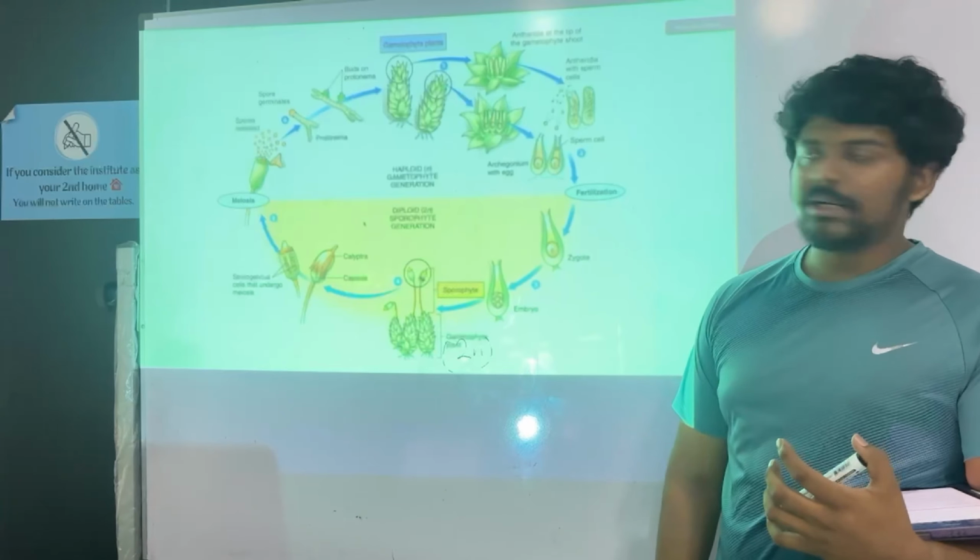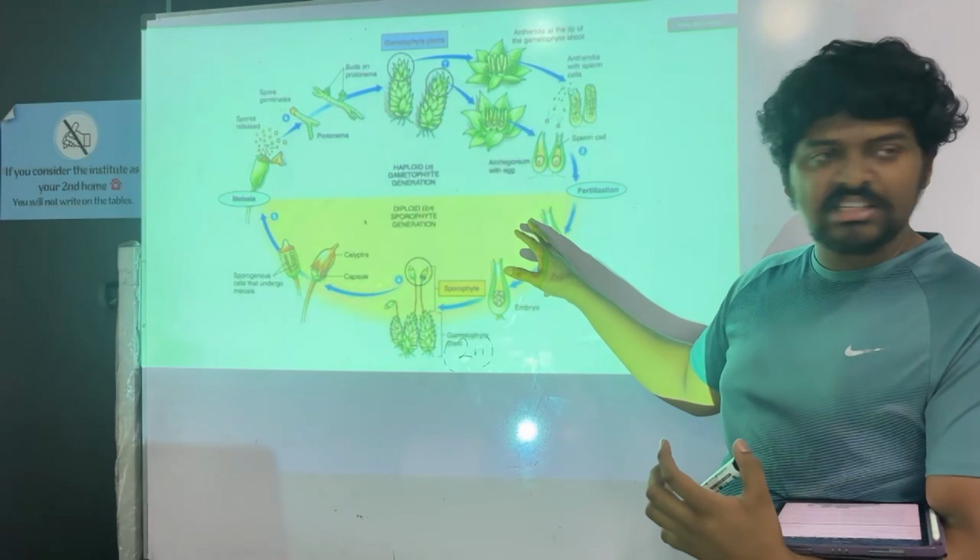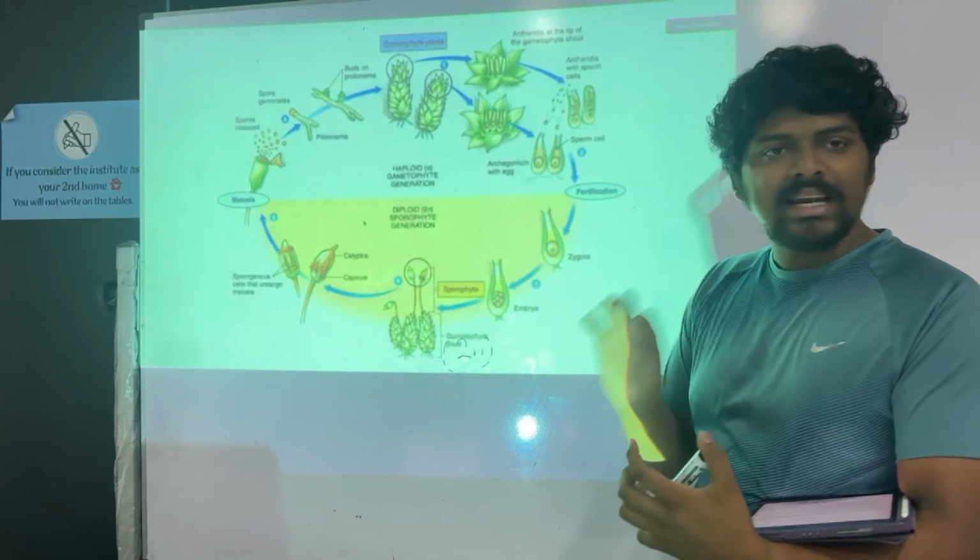This is the gametophyte. This is the sporophyte. In Poganatum, this gametophyte is dominant and longer living. Dominant means, if you take this as an entire life cycle, this part will take most of the time in the life cycle, while this part will take less time.